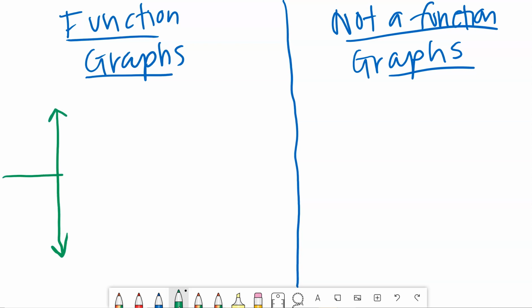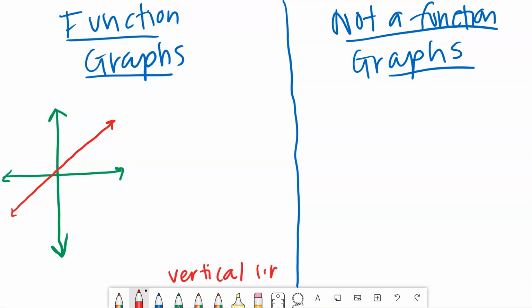So let's do this graph first. If I have a line, just a line, what you have to do is something called the vertical line test. The vertical line test means you just create random lines. It doesn't matter how many lines, you just create lines.